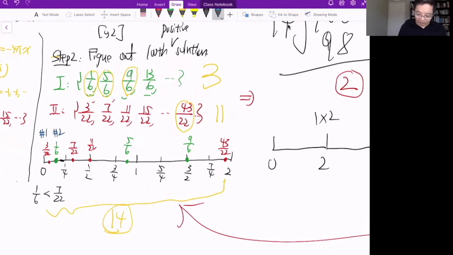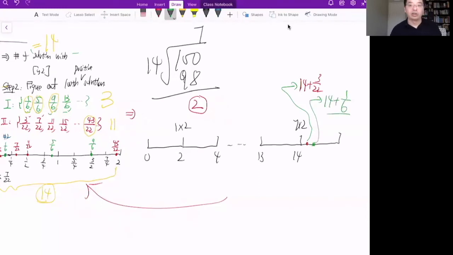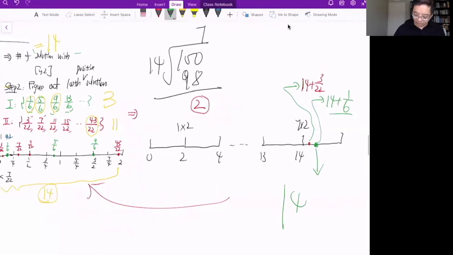So the first one is 14 plus 3 over 22, and the second one is 14 plus 1 over 6. This is what we are looking for, because the remainder is 2.